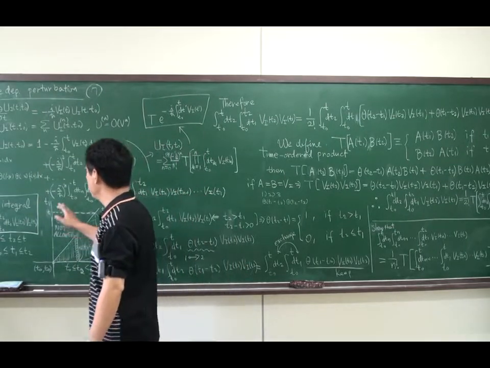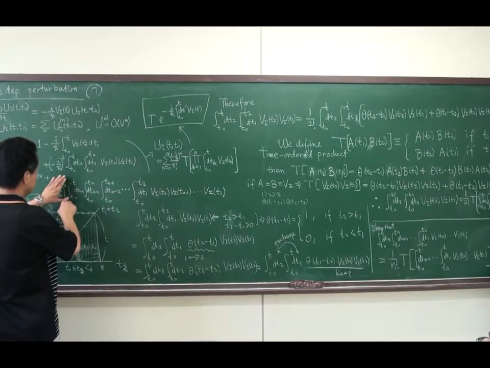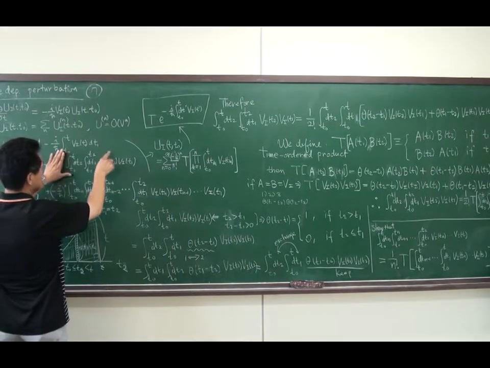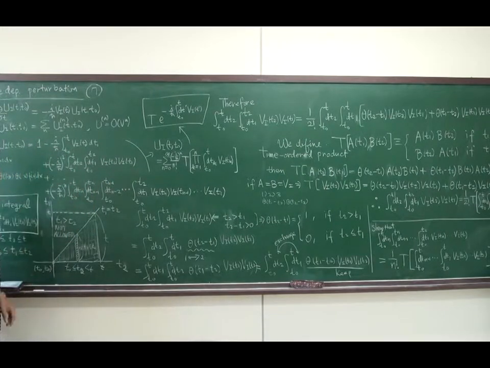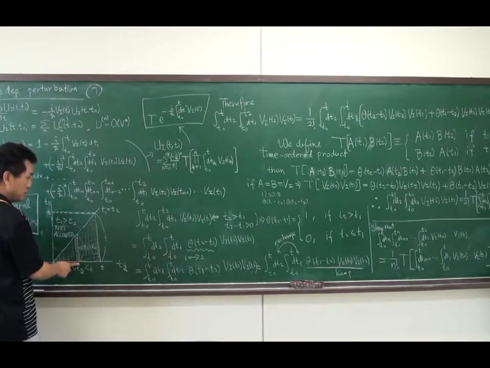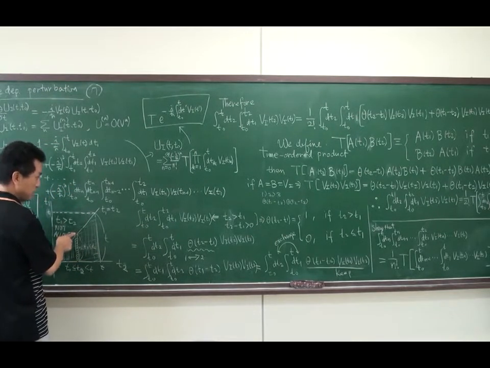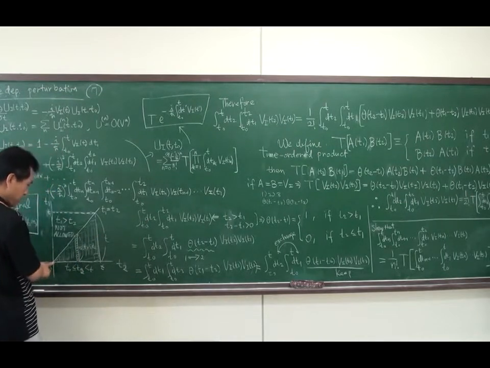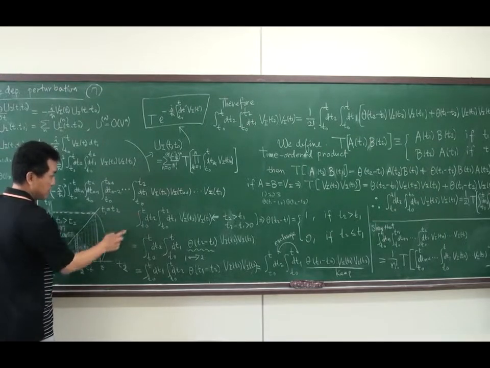I'd like to simplify this integral in this way. So let us remove the overall factor and just consider this integral, the double integral only. I have t1 integral from t0 to t2, and t2 integral runs from t0 to t. Okay?